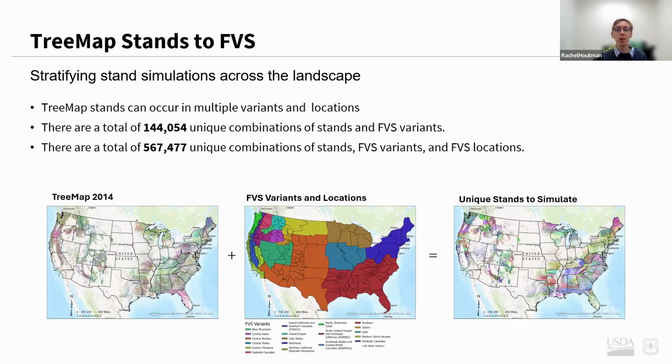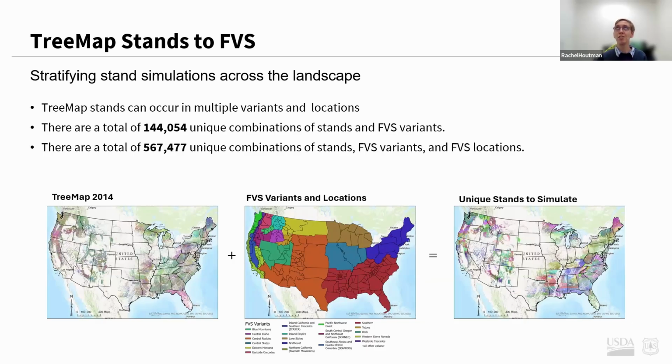So what we end up with by overlaying this is a set of, we start out with, I should have gotten this number, it's less than 100,000 unique TreeMap plots from FIA that go into this original TreeMap. And then when you overlay that with variants and locations, you end up with, if you're just doing variants, 144,000 unique combinations. And if you're doing variants and locations, you have over 500,000 simulations.